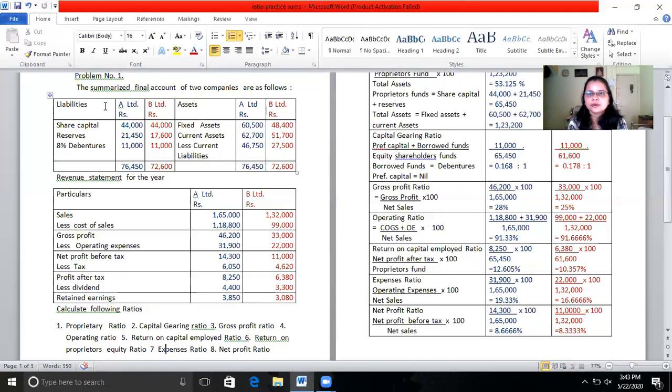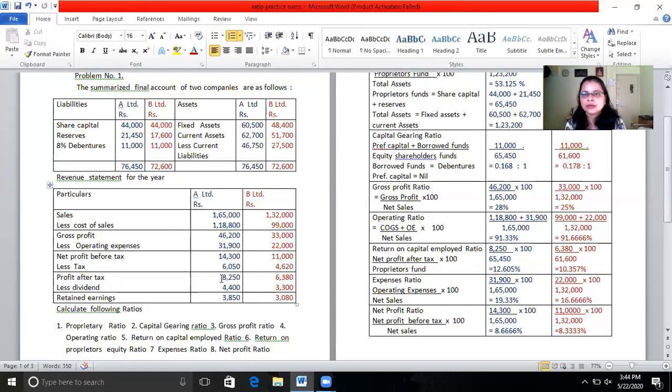The formula for this is net profit after tax upon proprietor funds into 100. Here they have given us net profit after tax but before dividend. For A Limited it is 8250 upon proprietor funds 65,450, as we have already calculated in the first ratio, into 100.